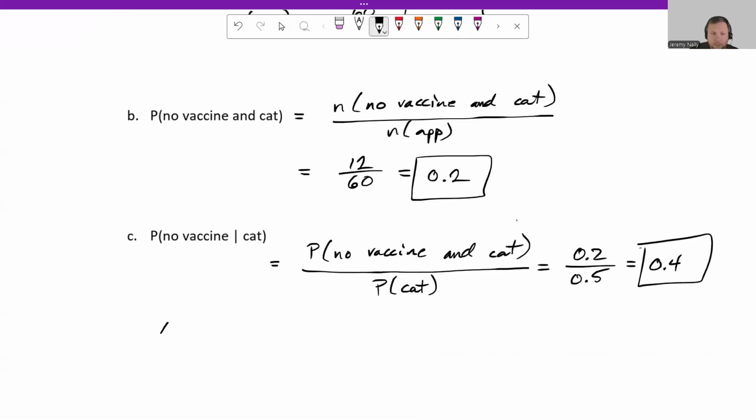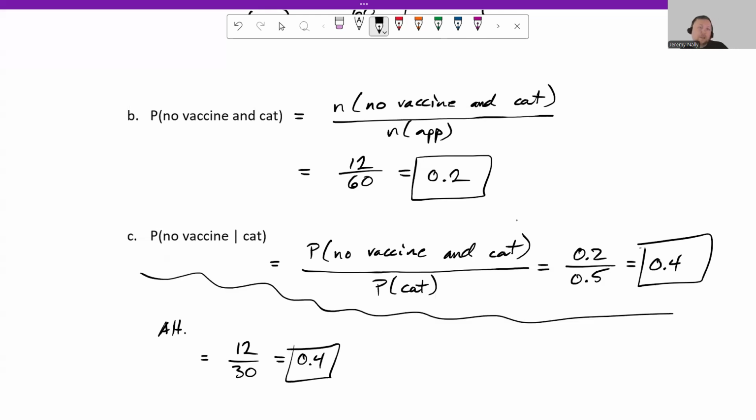So it's kind of the alternative approach for this one. Had we not had those other two numbers just sitting there, we would do 12 over 30. And of course, you get 0.4 again.